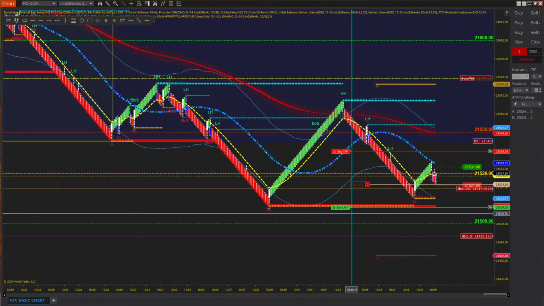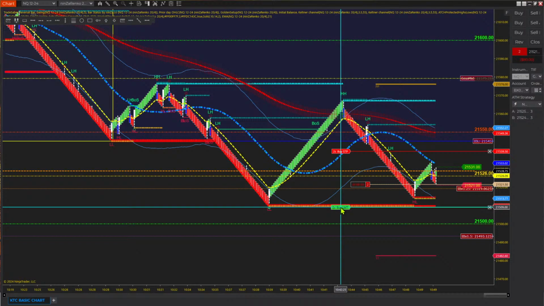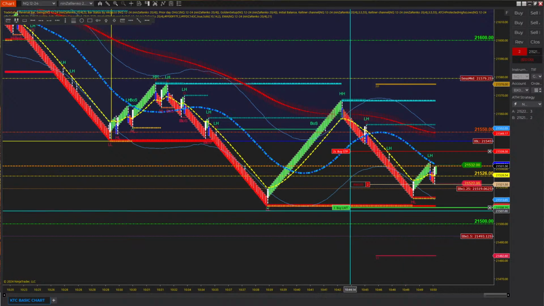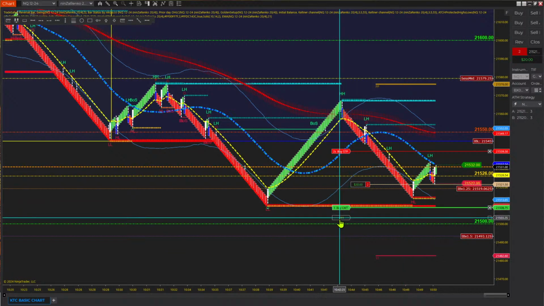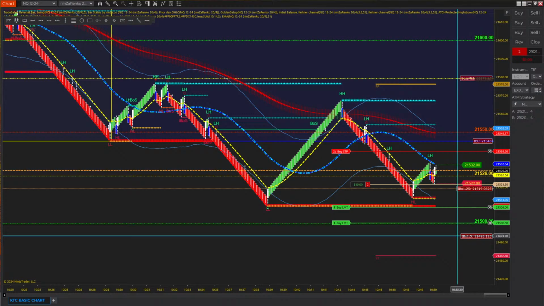So what I can do is take this, click on here, see that, and then decrease the price on here, and now I can drag this down to right here. And now we're close to the 1.5 here.